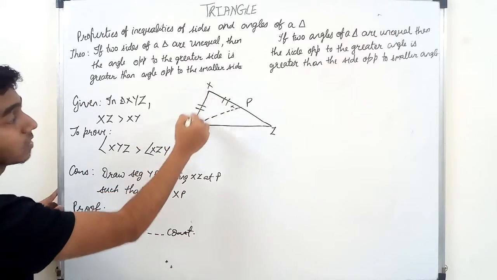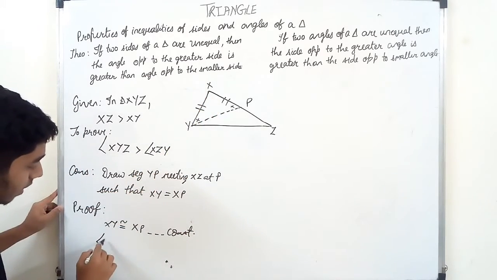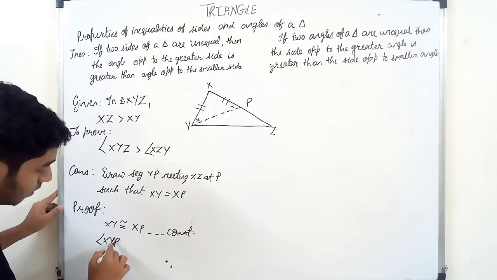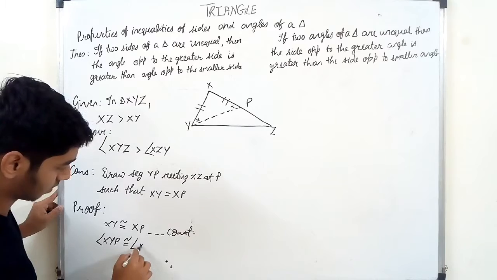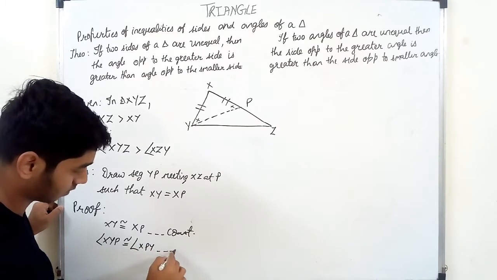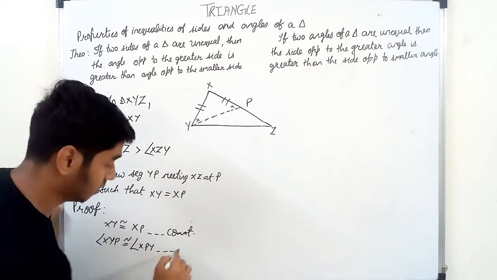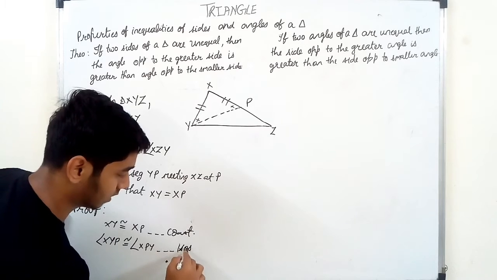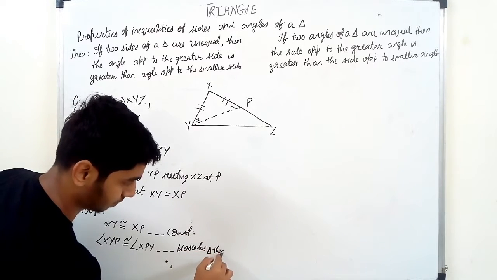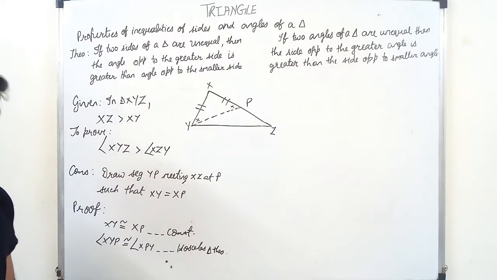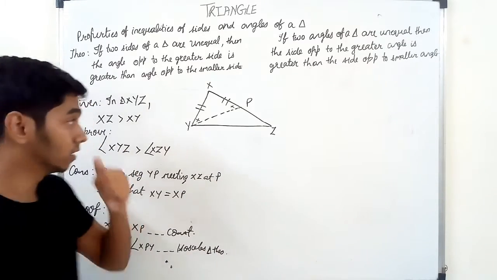Therefore we can say angle XYP is congruent to angle XPY. Why? Isosceles triangle. So we'll simply write that isosceles triangle theorem. Correct? So I hope you have understood this till here.